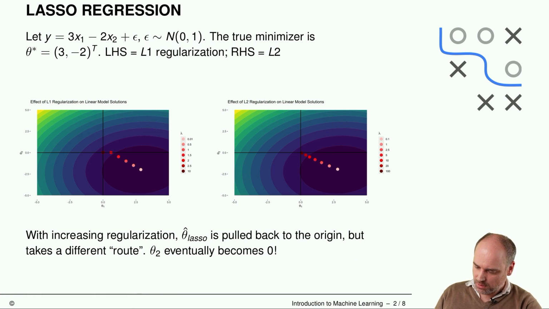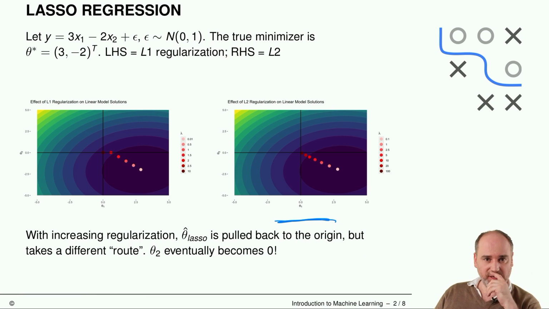For good comparison, I've copied over our visualization for L2. Watch out a little for what the contour lines visualize. On this slide, the contour lines are the unregularized objective, the loss surface of our linear model.